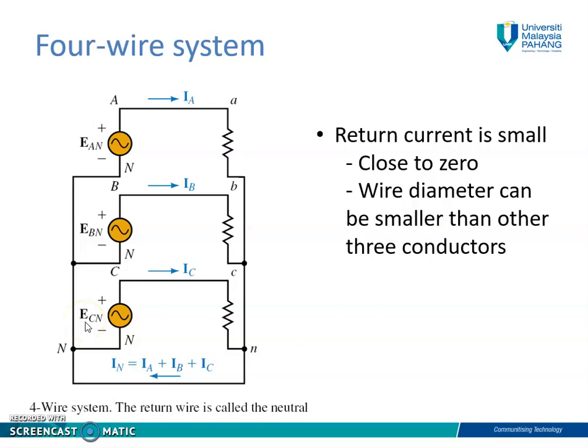If the voltage sources have the same amplitude and frequency and are out of phase with each other by 120 degrees, the voltages are said to be balanced and the return current is close to 0. The wire diameter of the neutral line can be smaller than the other 3 conductors.